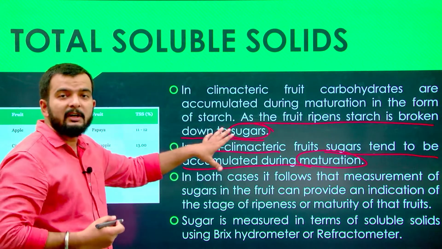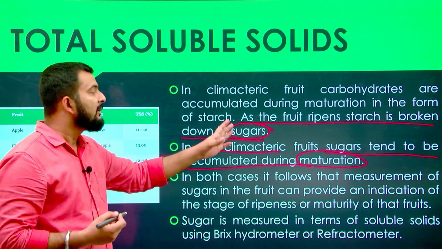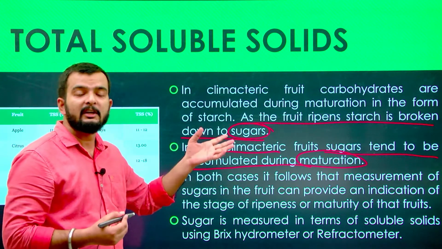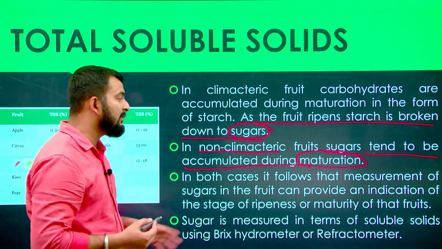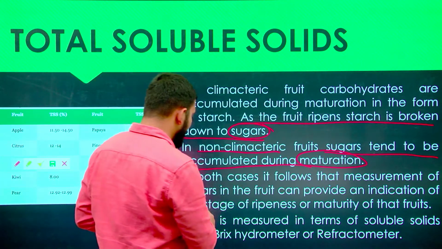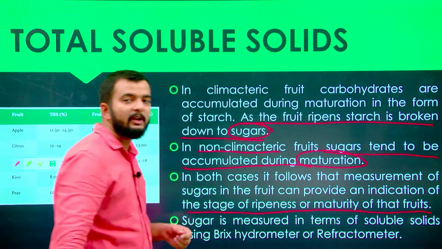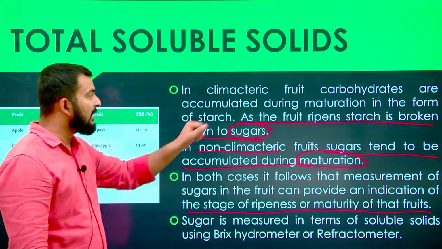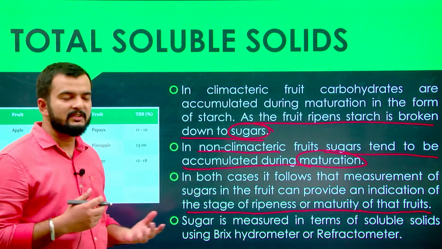So, based on the amount of sugar present in your fruit or vegetable at a particular time, you can determine how mature the fruit is, whether it is fully matured to be harvested or not. So, in both cases, measurement of sugar in fruits can provide an indication of the stage of ripeness or maturity of that fruit. In case of non-climacteric, it gives you the degree of matureness. In case of climacteric, you can find out if it is ripened or not, or to be harvested or not.